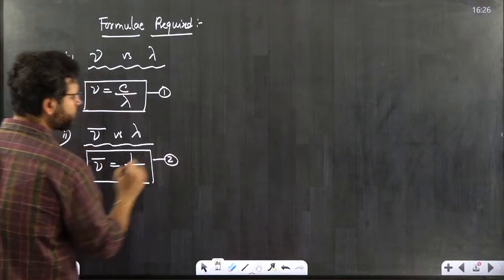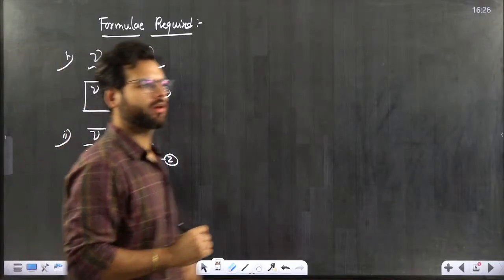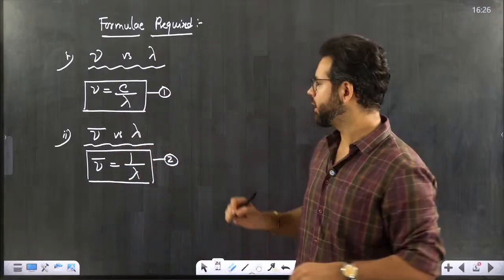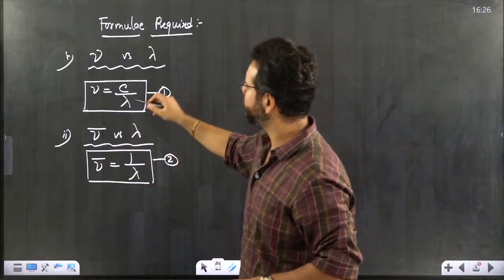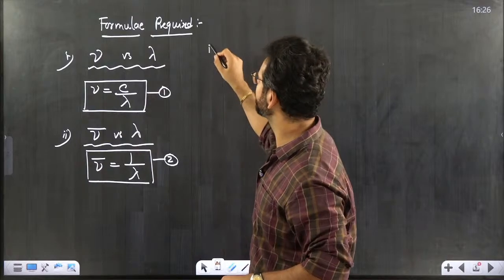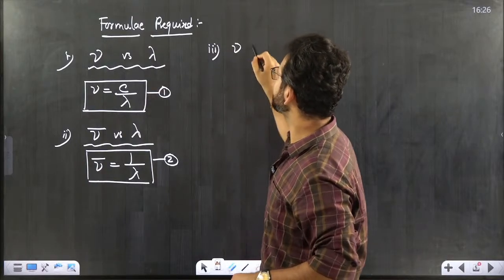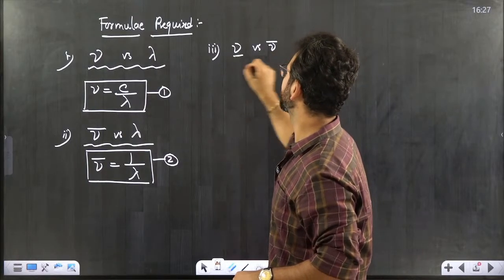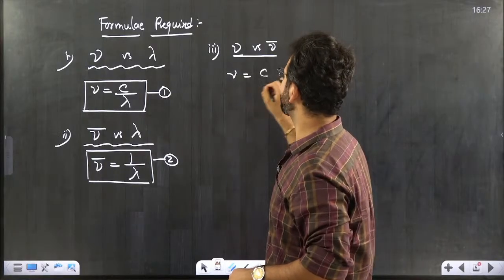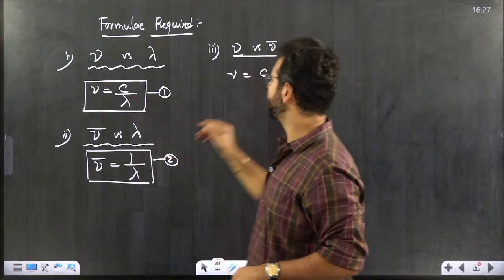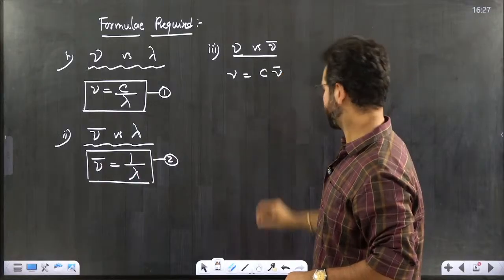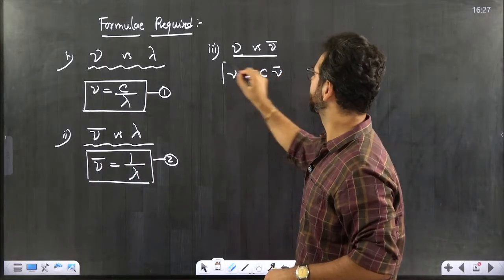Call it equation 2. Now if I relate these two things, I can put 1 by lambda as wave number here. So I can also relate frequency versus wave number. Frequency, which is C by lambda, I can write with 1 by lambda as nu bar, so C nu bar. Call it equation 3.